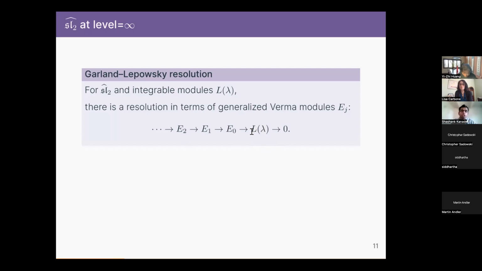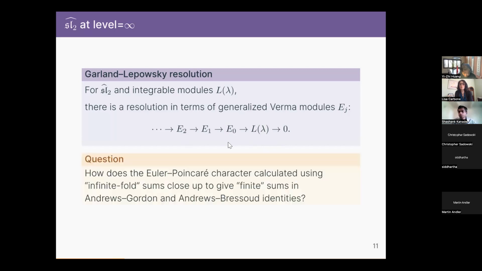Like if the level is 2k, then you have roughly k variables in the sum. But each of these guys has an infinite fold sum. So if you look at the Euler-Poincare character of this sequence, then somehow these infinite fold sums close up, and after adding and subtracting, you get this finite form as the character of this integrable module. And I really don't know how that works.